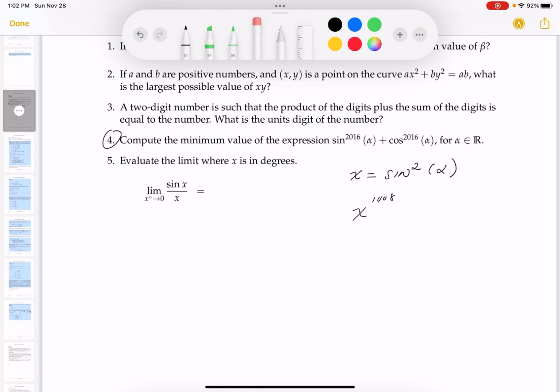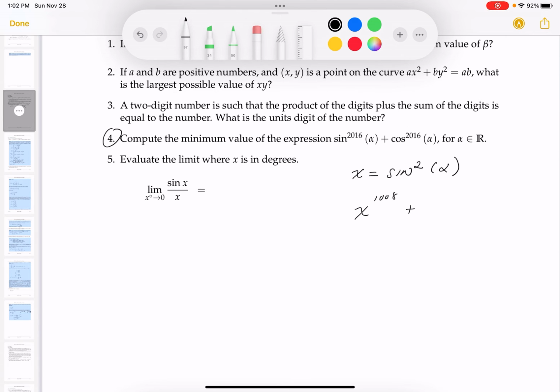I got troubles, though. And I'll tell you what my troubles are. I'm seeing this thing over here, this cosine thing. So I want to write down, the cosine squared of alpha. Well, what would that equal?